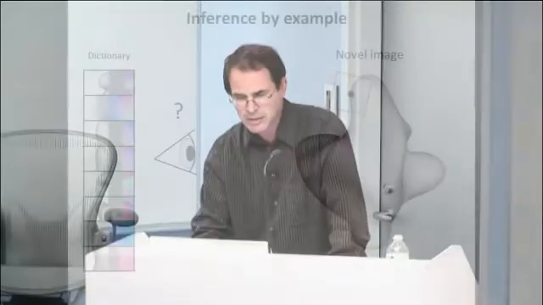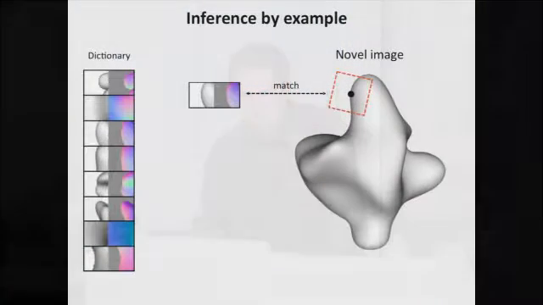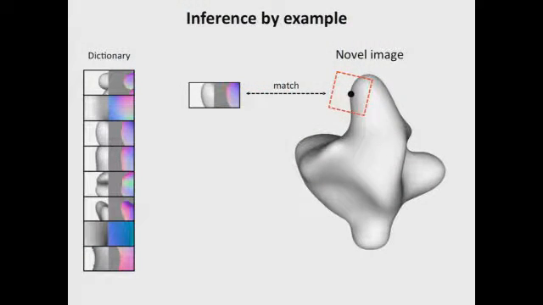You, or the computer, is looking at this image that you've never seen before, and you're trying to figure out what is the shape that made this image. So you look at this patch, you say, well, let me start simply. What is the shape that made this patch? Have I ever seen a patch that looked like that before? And I go into my dictionary and I say, yeah, for example, I saw that patch.